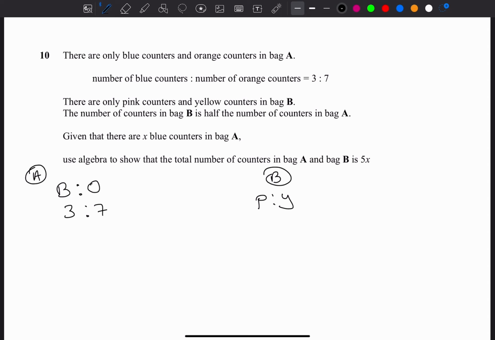Okay, given that there are X blue counters in bag A, show that the total counters in bag A and bag B is 5X.